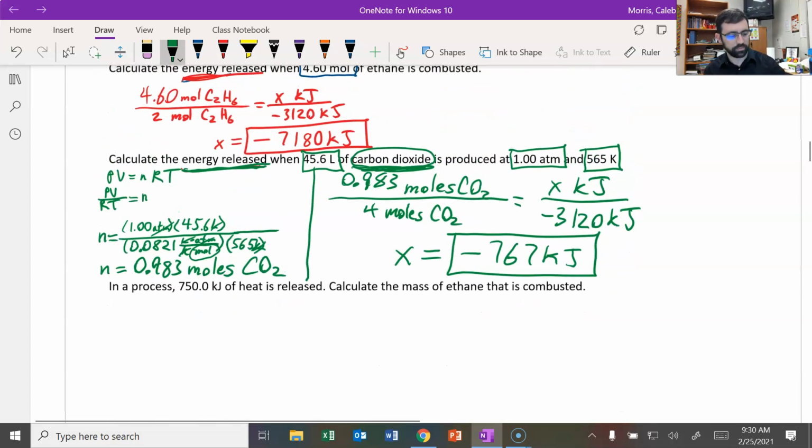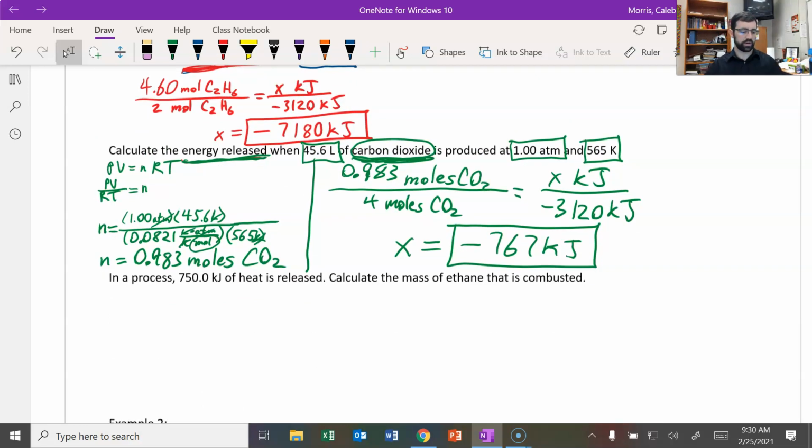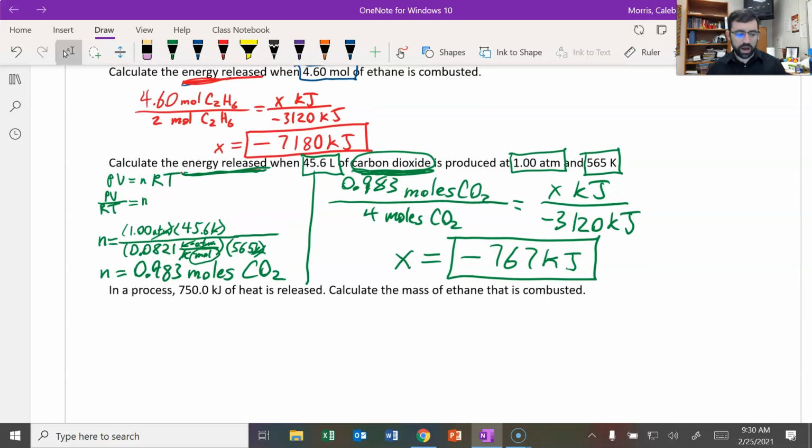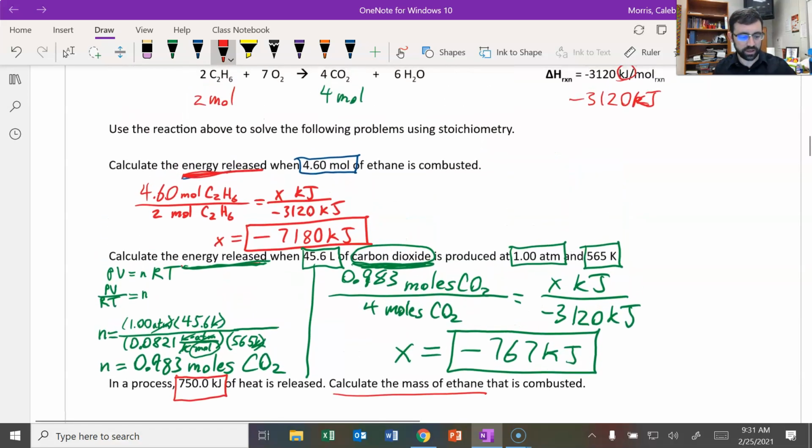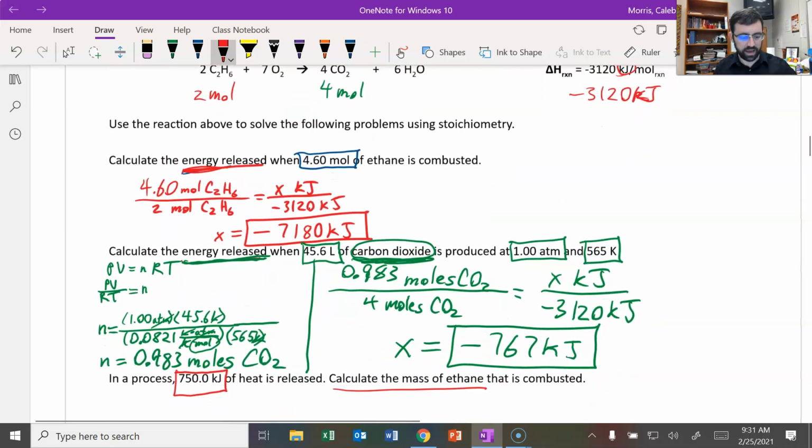To wrap this problem up, and then we'll pause the video and move on to the next example. In a process, 750 kilojoules of heat is released. We want to calculate the mass of ethane that is combusted. It's a little different because our given is heat, it's energy. So if we go back up to our equation, I'm looking for the mass of ethane this time.